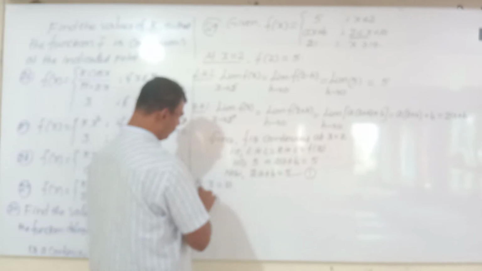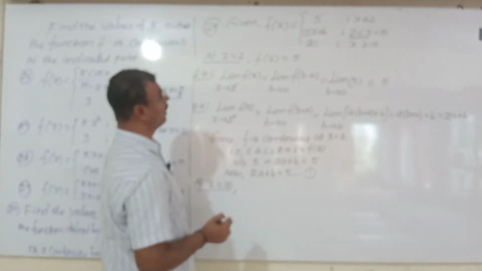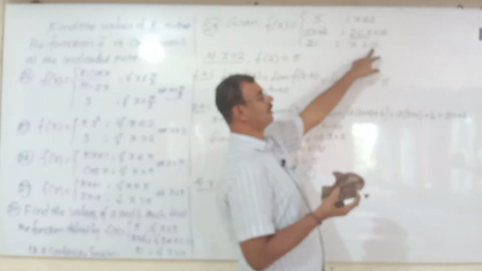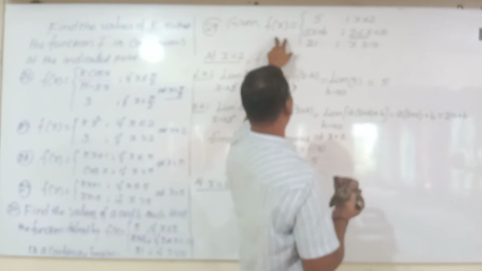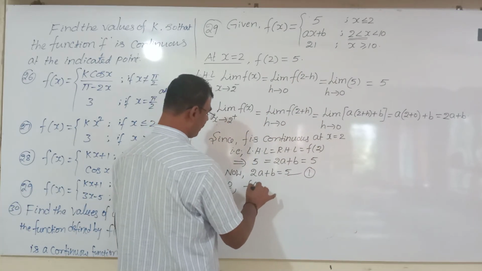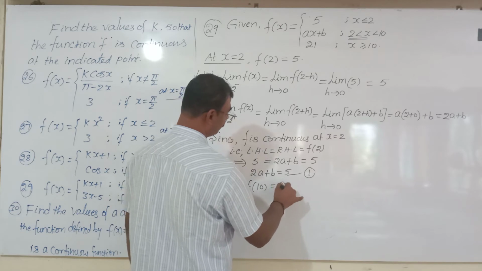At x equal to 10, we have to find the function value. When x is equal to 10, what is the f of x value? He has given 21. So f of 10 is equal to 21.